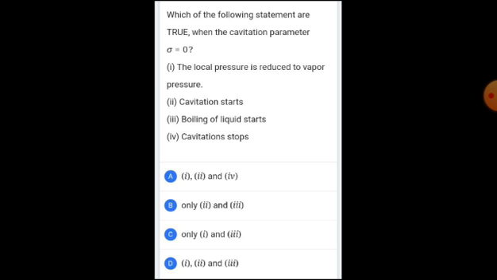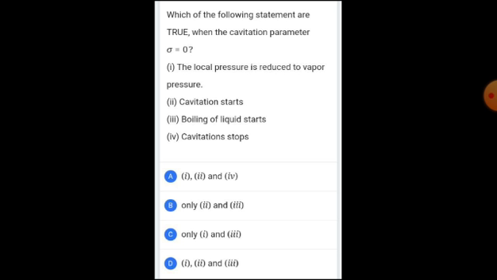In this centrifugal pump, in certain regions vacuum creation occurs. Vacuum is nothing but low pressure, or no pressure, due to which the pressure decreases to the vapor pressure, which results in formation of bubbles in the fluid.